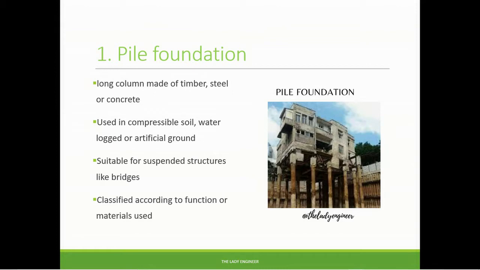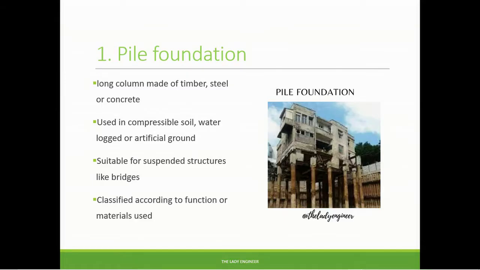It is suitable for artificial ground because artificial ground is easily compressed. This type of deep foundation is suitable for suspended structures like bridges. Most of you have noticed this about bridges. A good example is the Barotse floodplains bridge that we have in Western Province.